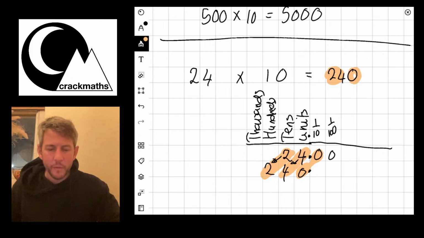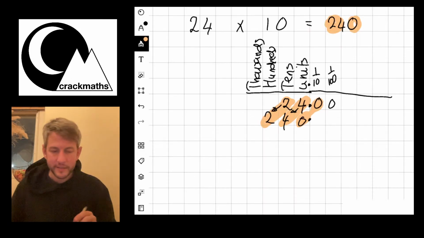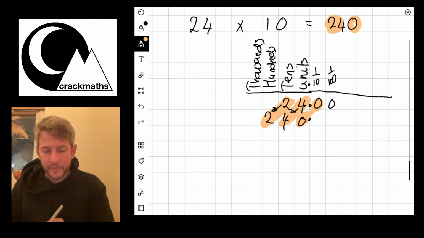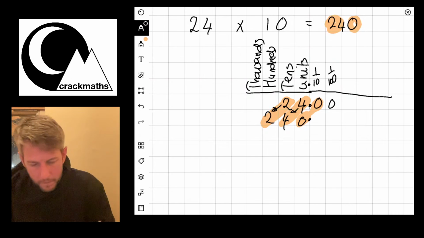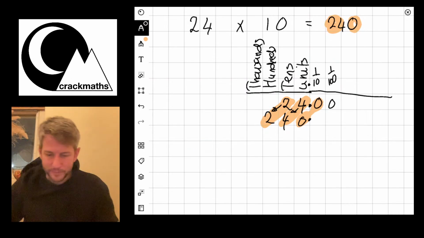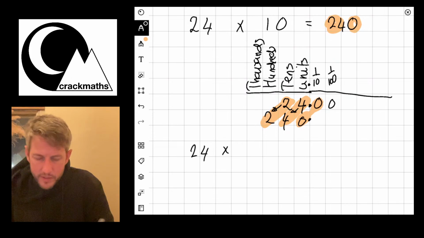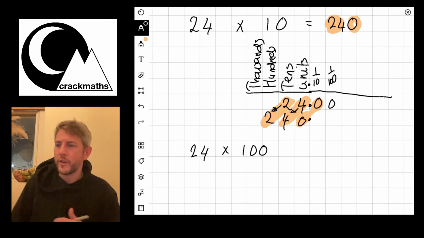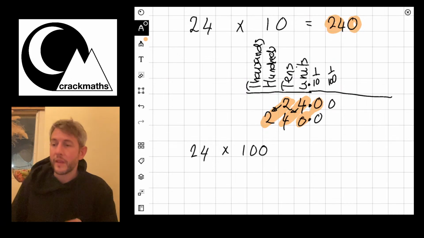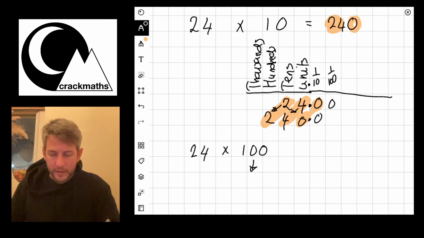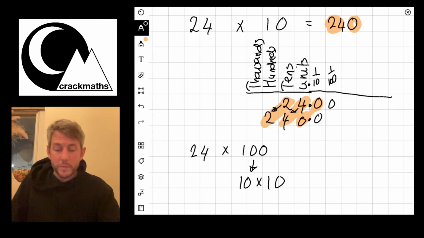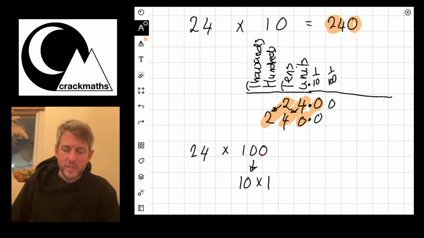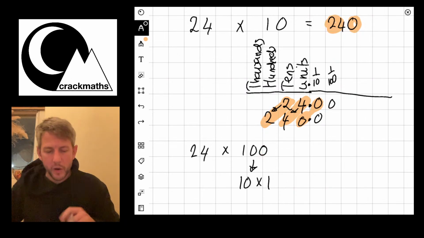Let's think now about if I had had 24 times 100. Now, in this case, we've got to think about 100 being 10 times 10, which means that we're essentially multiplying by 10 twice.